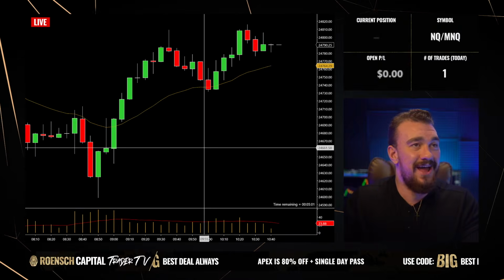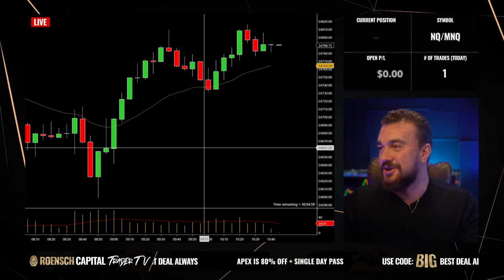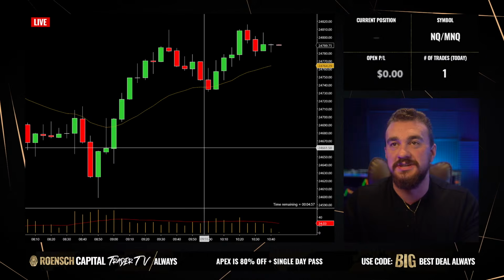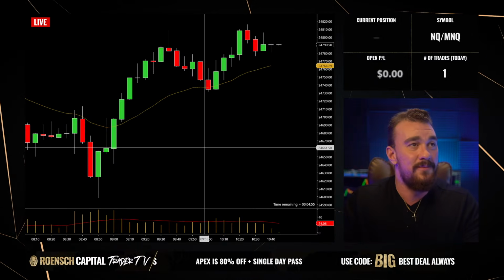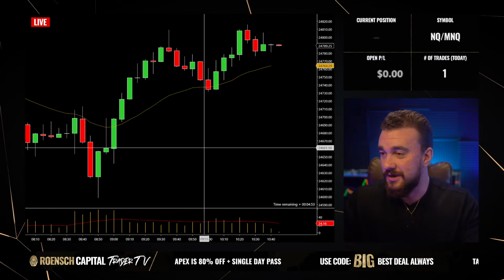All right, that bar is gonna close as the ugliest doji we've seen pretty much all day. So we're gonna have to go next bar here. Let's see what we get.